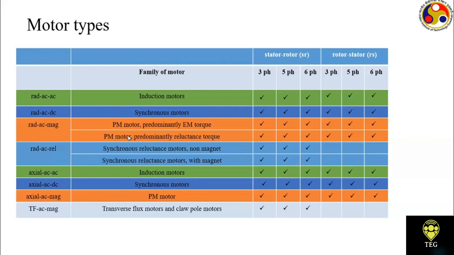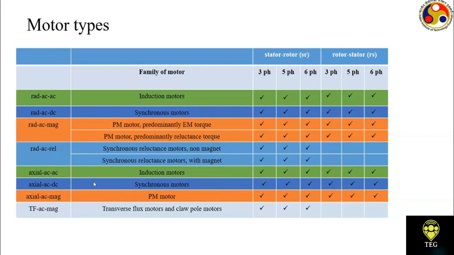Or you can have a PM machine which produces a lot of reluctance torque. These are known as permanent magnet synchronous machines. They produce electromagnetic torque, but they also produce reluctance torque. For both categories, you can have an inner rotor machine and an outer rotor machine, and it is possible to have 3, 5 and 6 phases for both inner rotor and outer rotor.